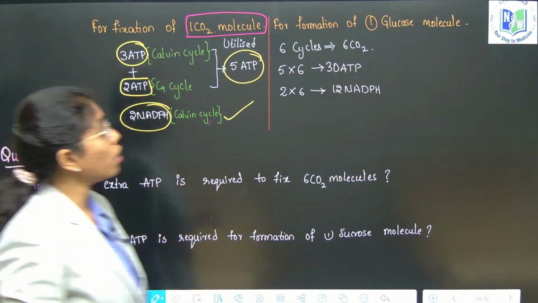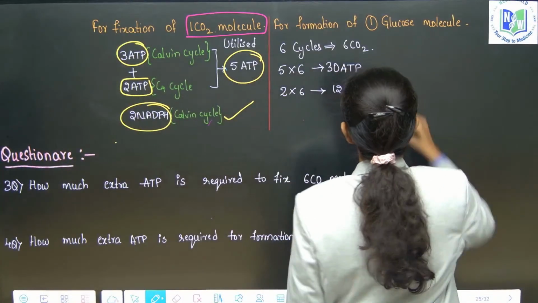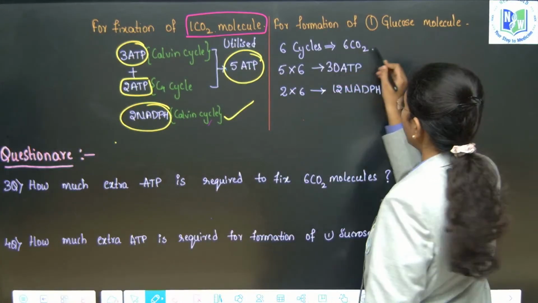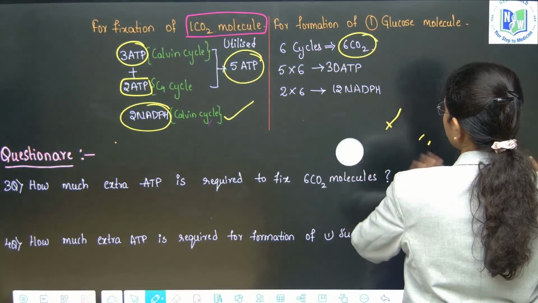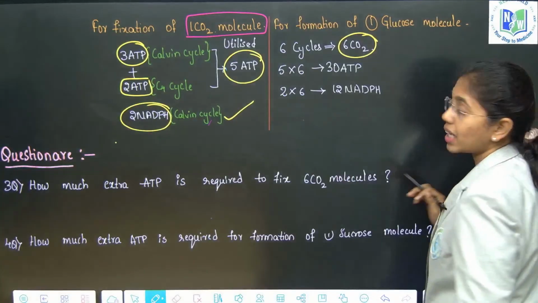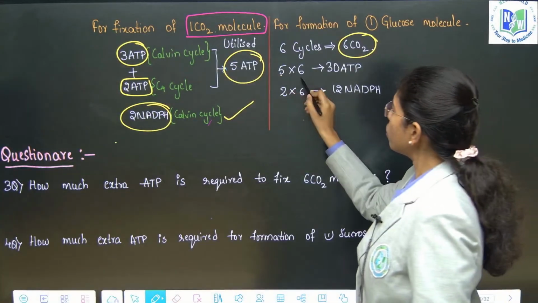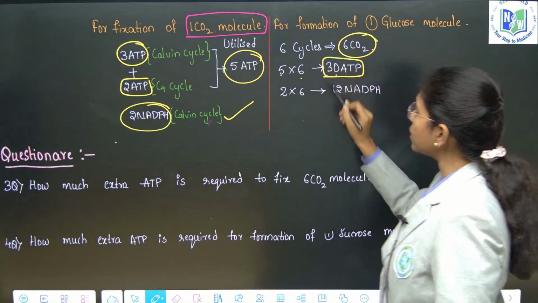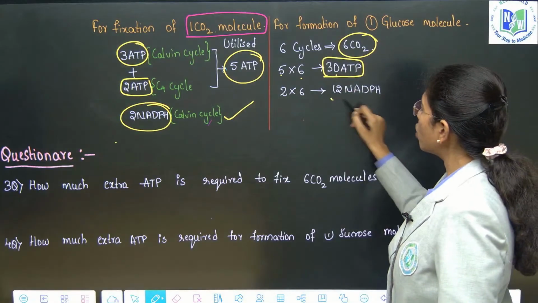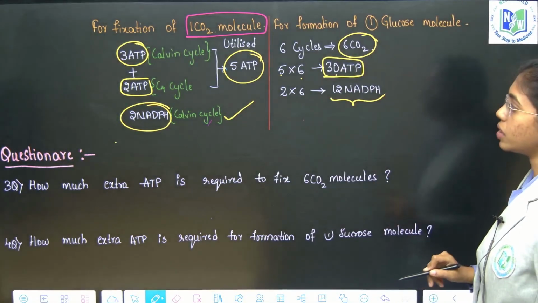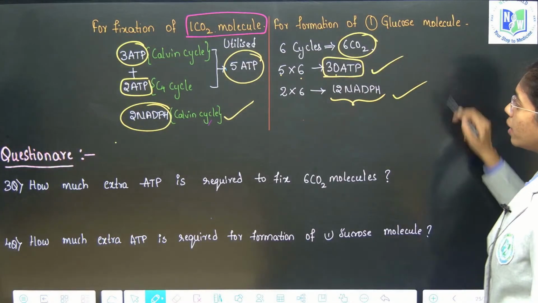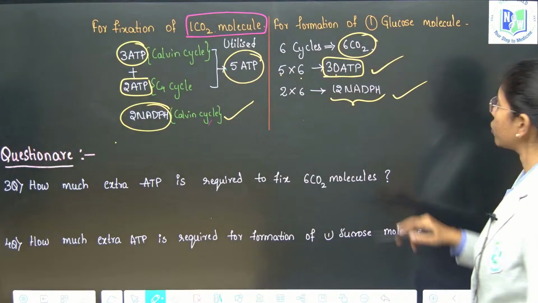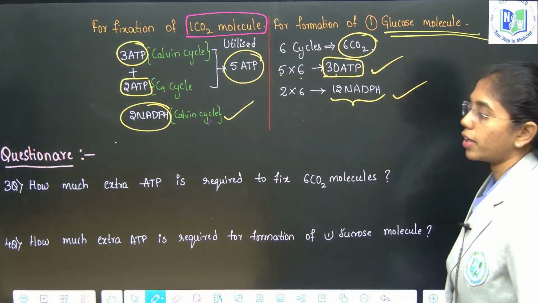For formation of one glucose molecule, 6 cycles have to happen, where carbon dioxide is fixed 6 times. 5 into 6, total 30 ATP and 12 NADPH for the formation of one glucose molecule.